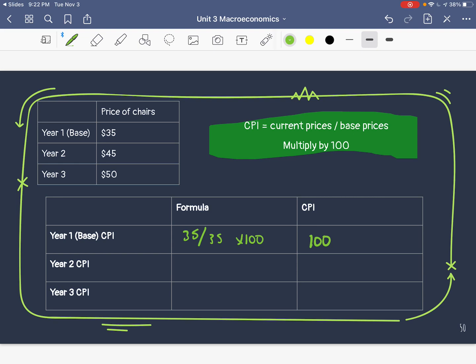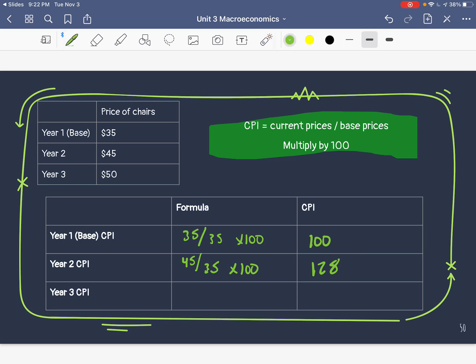Good for us. Okay. Year two, 45 is our current price divided by our base price of 35. So 45 divided by 35 is 1.28 times 100 is 128. So we've seen things go up 28% in price, okay?